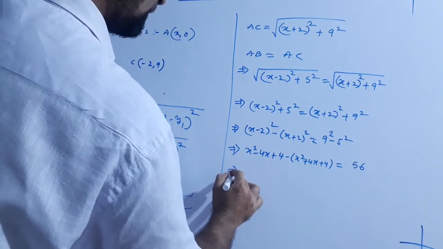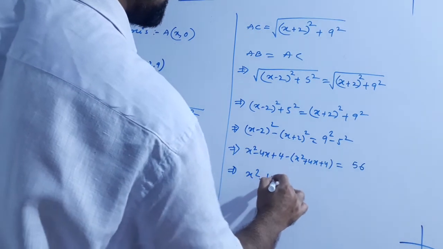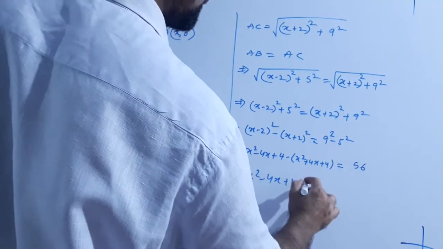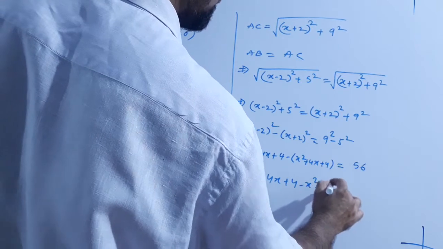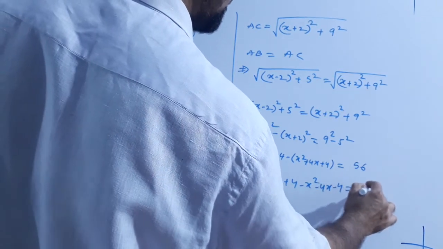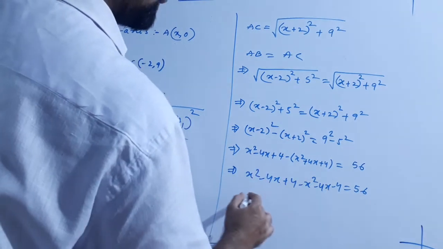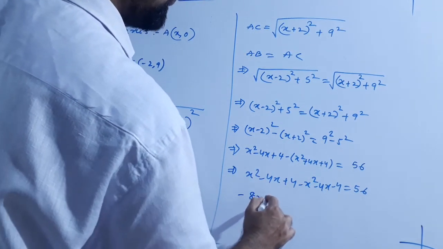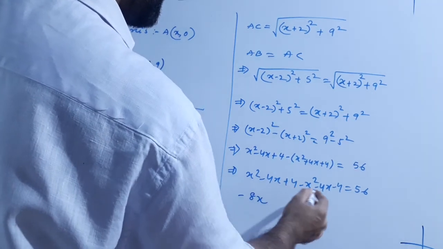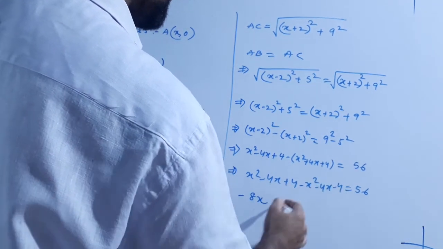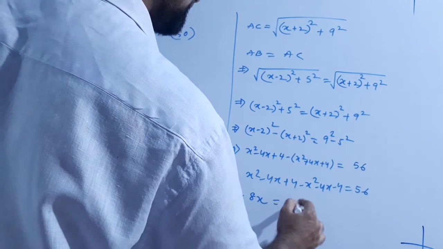Yes, so therefore x square minus 4x plus 4 minus x square minus 4x minus 4 equals 56. x square minus x square gets cancelled, minus 4x minus 4x is minus 8x, and plus 4 minus 4 gets cancelled, so minus 8x equals 56.